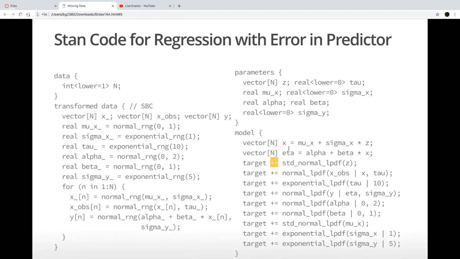And if you create x as a local variable inside the model block, Stan doesn't really care about that. It's just an intermediate variable. All it really cares about is what's in your parameters block and how to evaluate the numerator of Bayes' rule. And so we can use the property of the normal distribution, or indeed anything in the location-scale family of distributions.